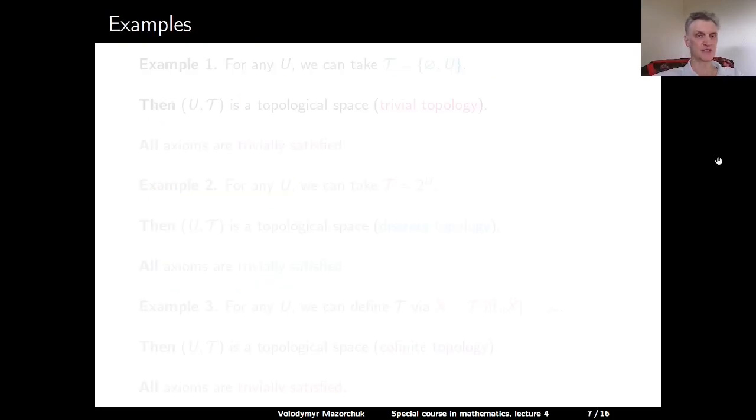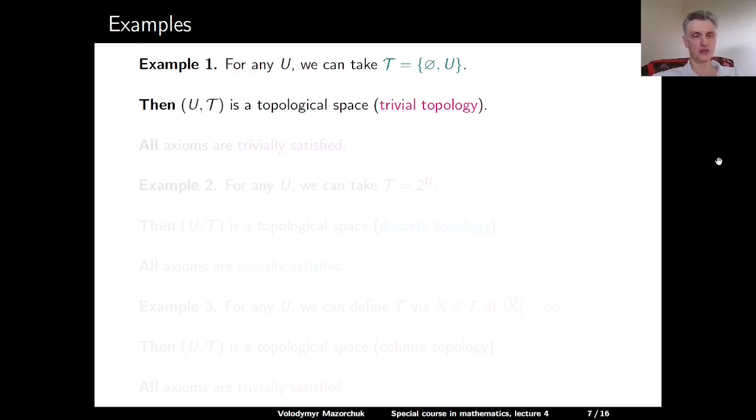Here are some examples. Example 1. For any set U, we can take as open sets on U just the empty set and U itself. And in this way, we get a topology on U, which is usually called the trivial topology. All axioms are obviously satisfied: the empty set belongs to it, U belongs to it, and it is closed with respect to finite intersections and arbitrary unions.